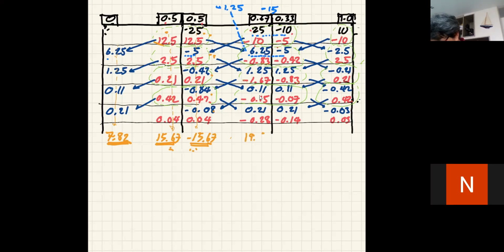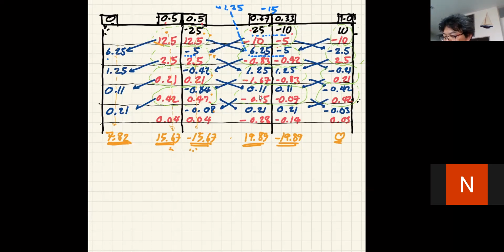So it's 19.89 minus 19.89. And right here, you bet, because it's a simple n, so it's 0 in the end. Okay, so let me try to finish this before we have a break.